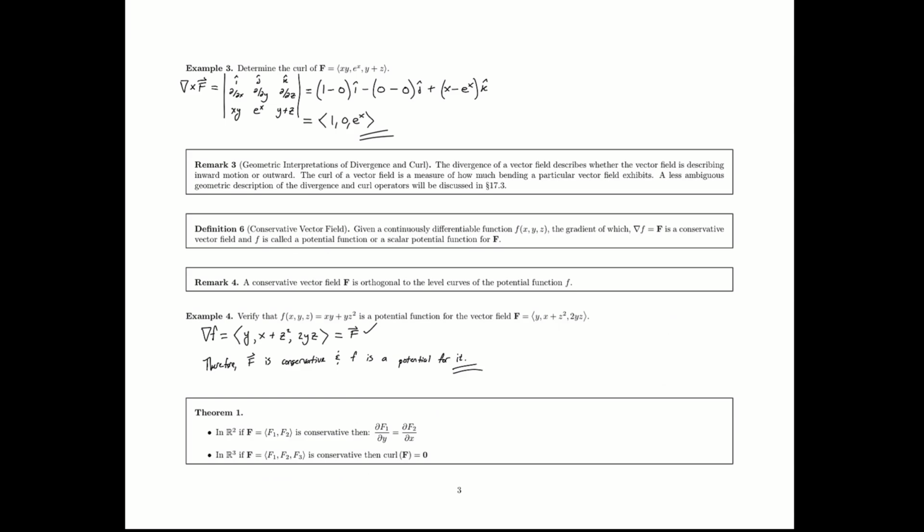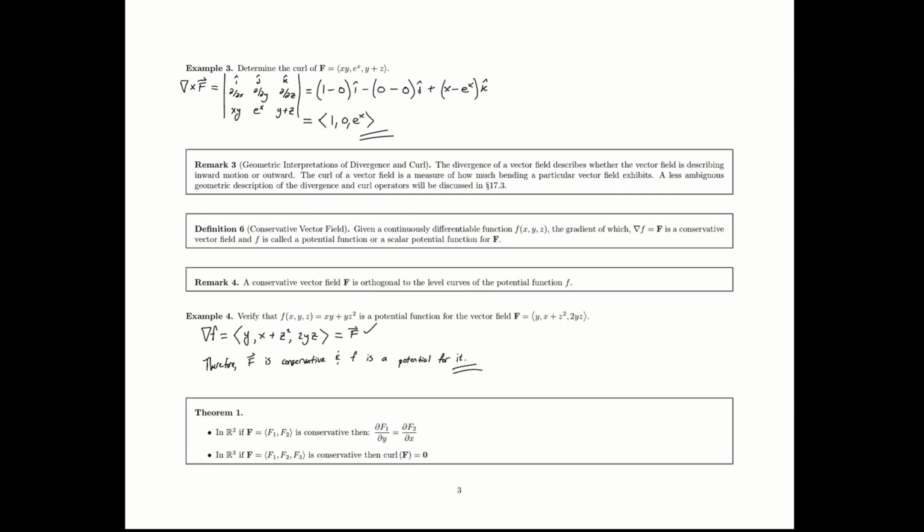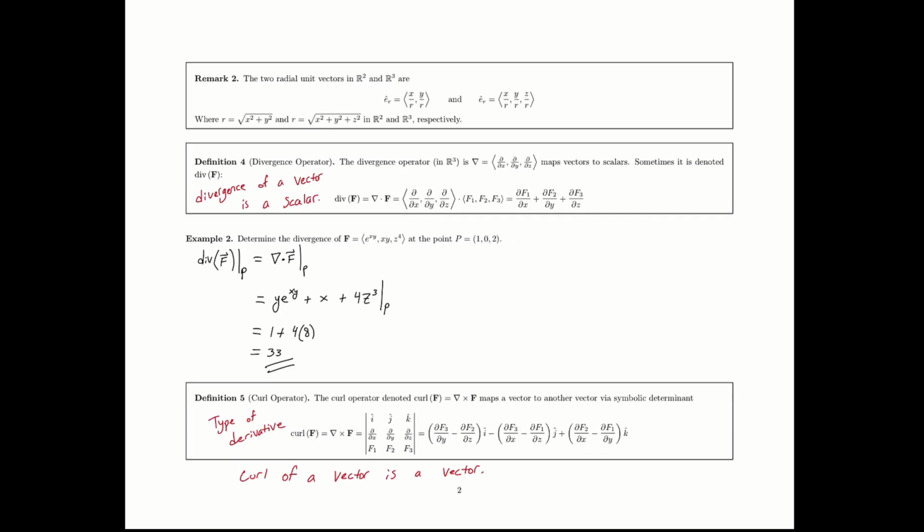Well, the curl of this vector field is right over here. Right here is the curl of a vector field F1, F2, F3, just like we had on this page.